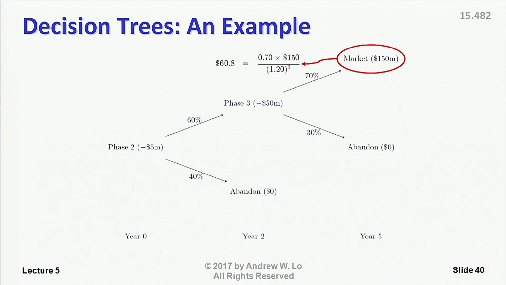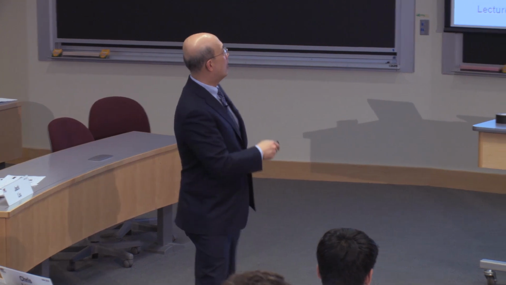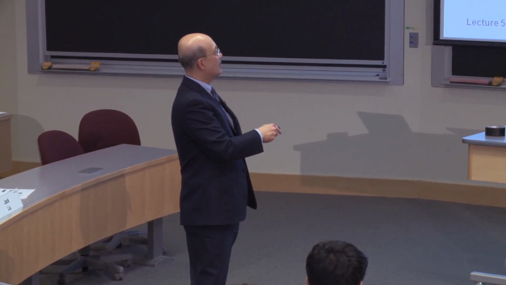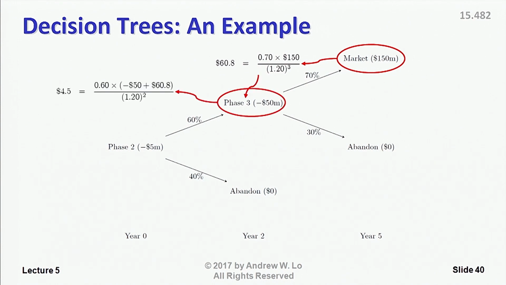Okay, so that phase 3 trial is going to cost me $50 million. So my net, in this case, the expected value of my phase 3 trial, net of expenses, is 60 minus 50. It's about 11. Okay? So this is the value.